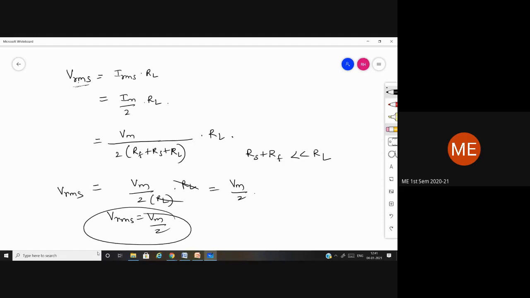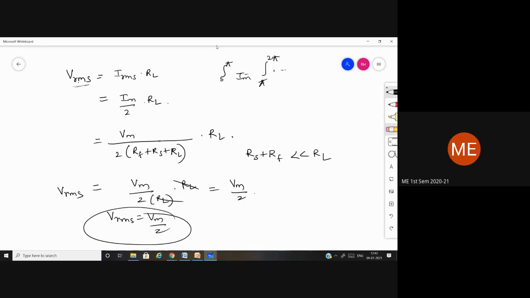See, this derivation is the same for all: half wave rectifier, full wave rectifier with center tap, and bridge rectifier. The steps are the same, but here we get the output only for 0 to pi. There, along with 0 to pi, we also get pi to 2 pi. Both will be considered.